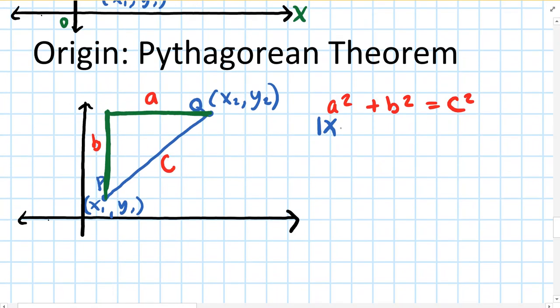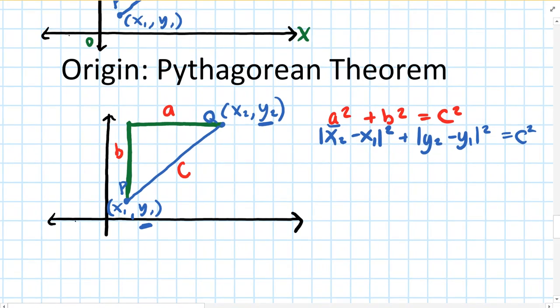Okay, so x2 minus x1, and then in absolute value, and then just plugging that into our A, we're going to square it, because our Pythagorean theorem squares it. And then B, this is our change in our y, so it's on the y number line, or the y-axis. So this is the absolute value from my point y1 and my point y2. So this is y2 minus y1 squared is equal to c squared.